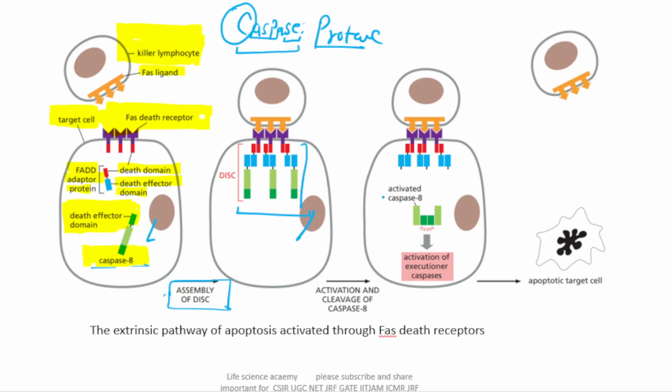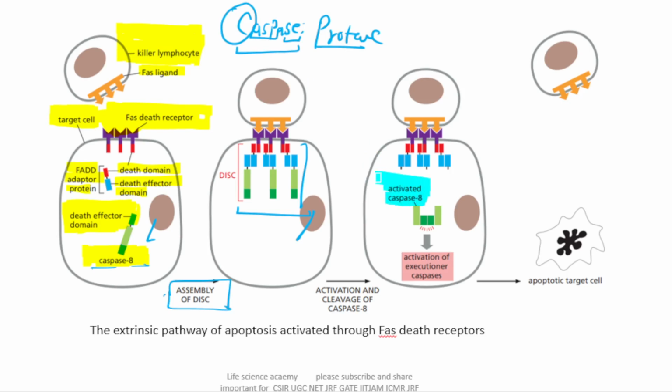Now you know, friends, initiator caspases get activated when they dimerize. In its monomeric form, it is inactive. When they dimerize, it is active. So this is activated because it is dimerized.